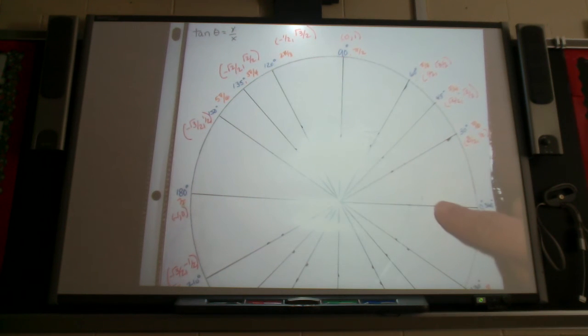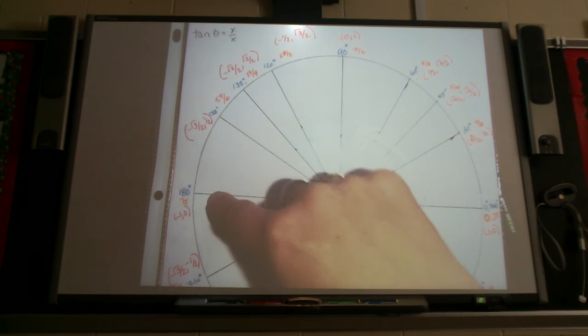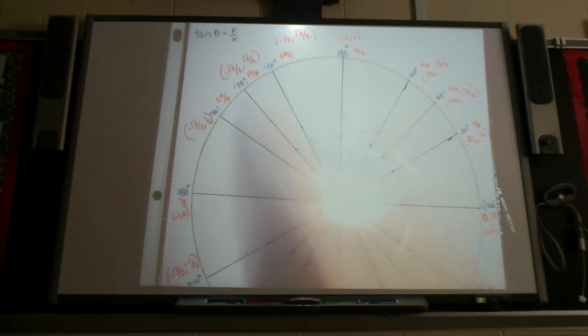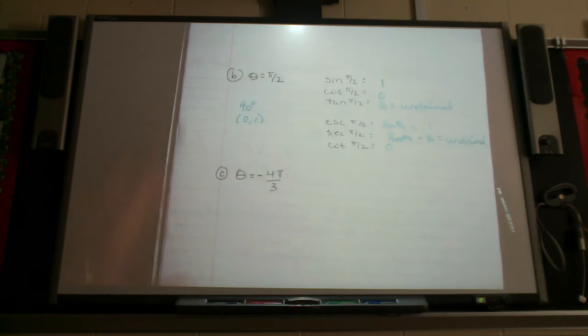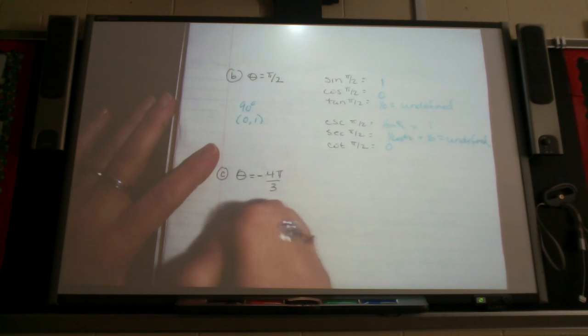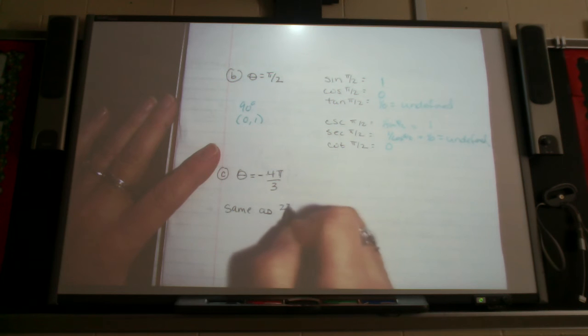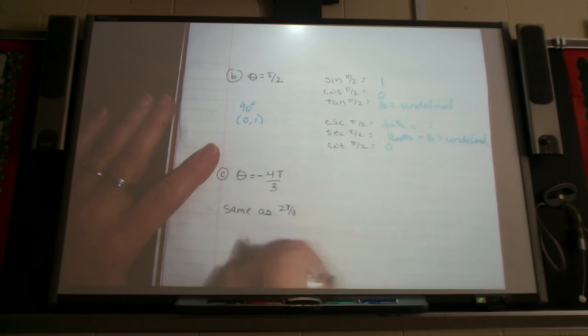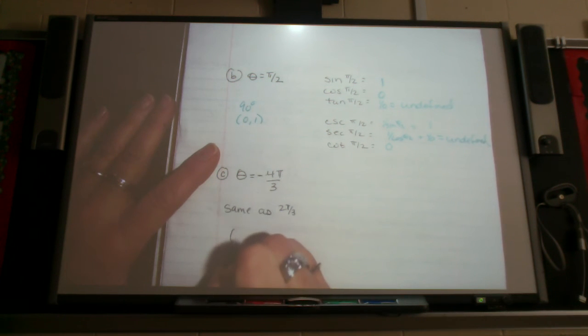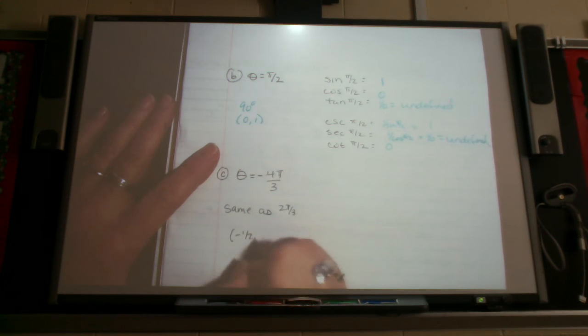I rotate the opposite way. Here's 180 plus another 60 gives me the 2 pi over 3. So this is the same as 2 pi over 3, which is the ordered pair negative 1/2, square root 3 over 2.